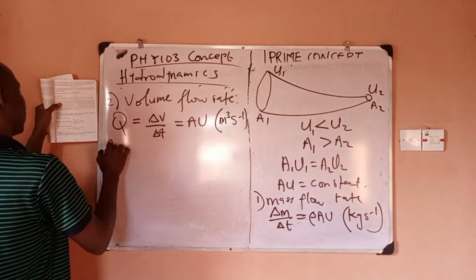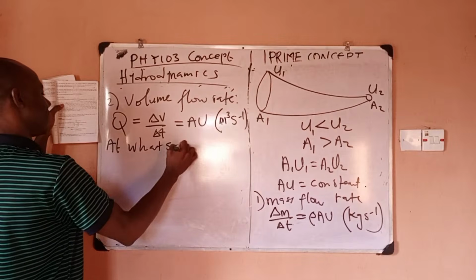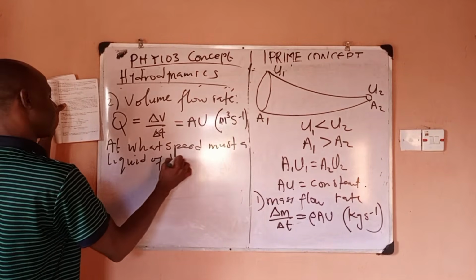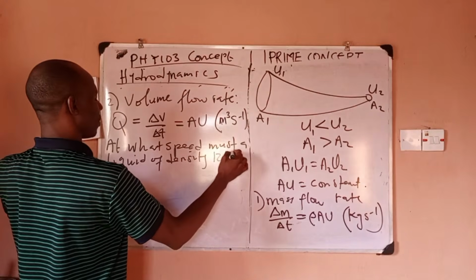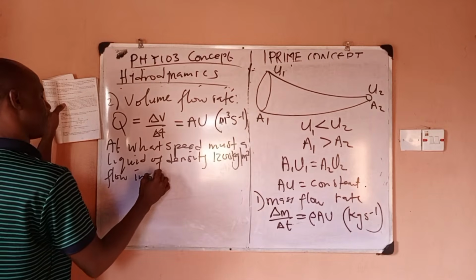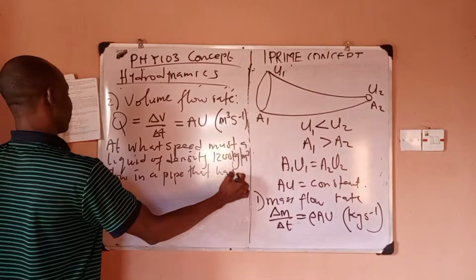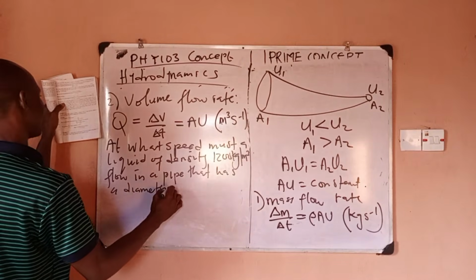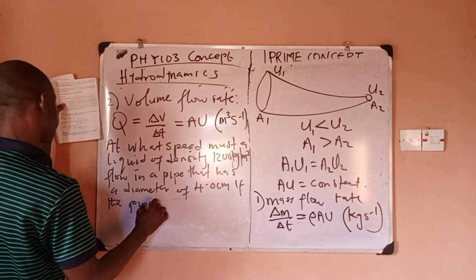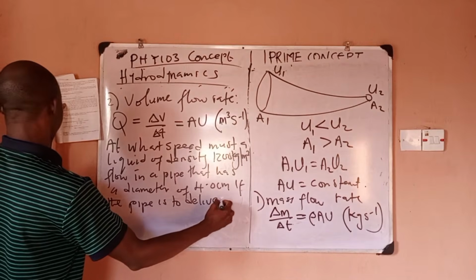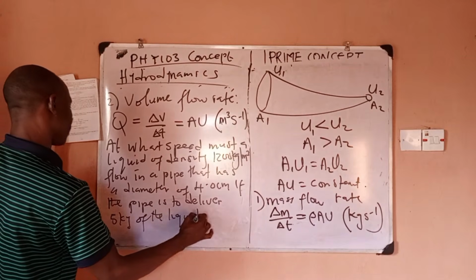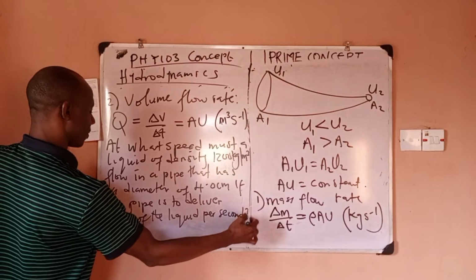The question says, at what speed must a liquid of density 1,200 kilogram per meter cube flow in a pipe that has a diameter of 4.0 cm if the pipe is to deliver 5 kilogram of the liquid per second.